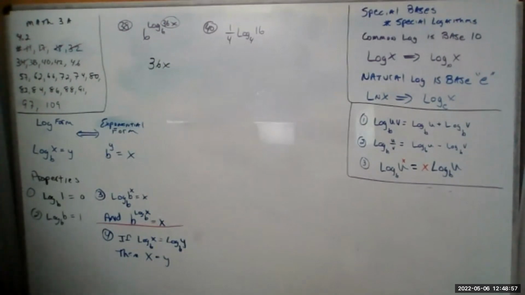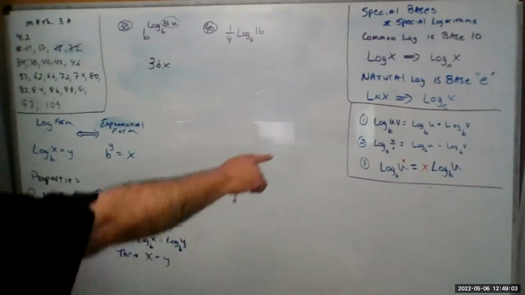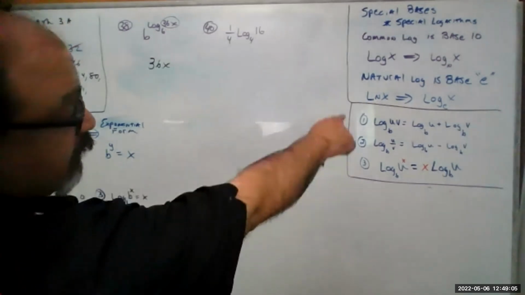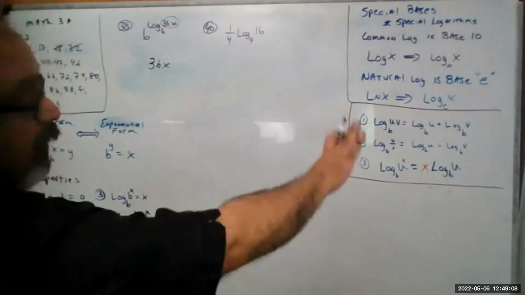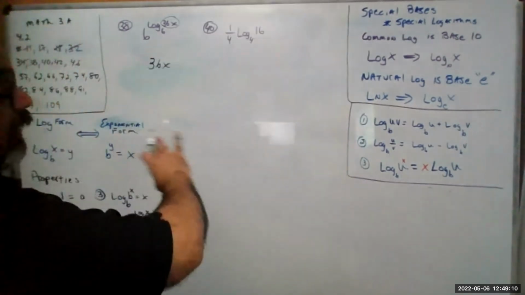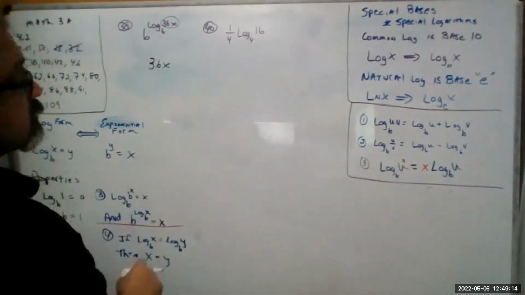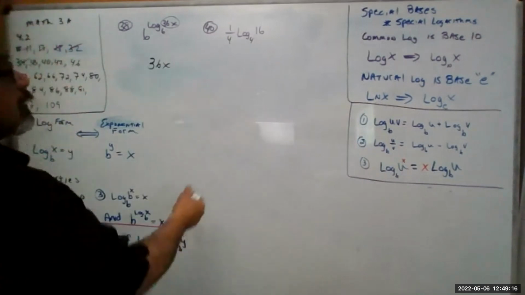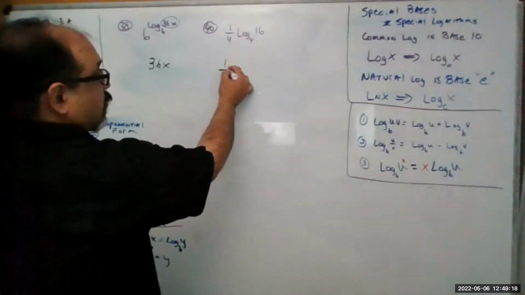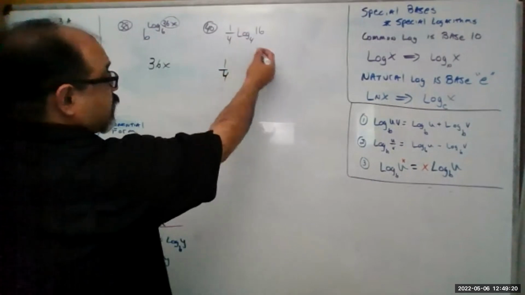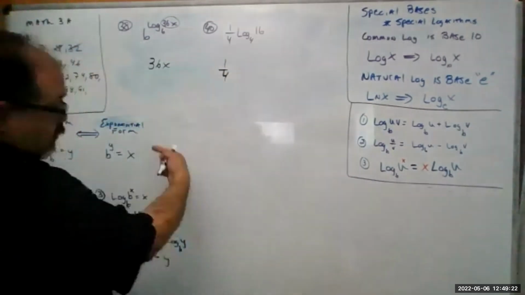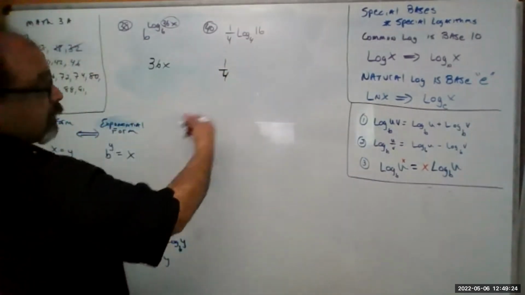Now, 40 is a little trickier because of the 1/4 that is out in front. You don't know these other 3 properties over here yet. Now, later on, we could do the problem either way, but let's just do it this way without those properties. 1/4 times, you're supposed to use these properties of logarithms.